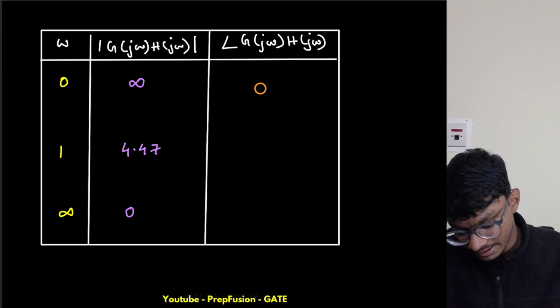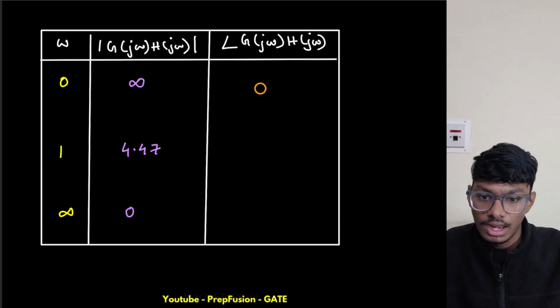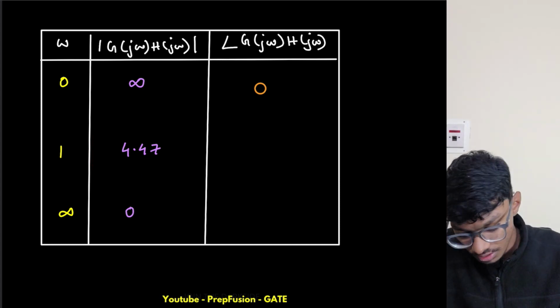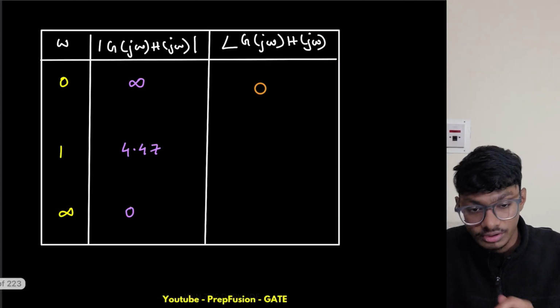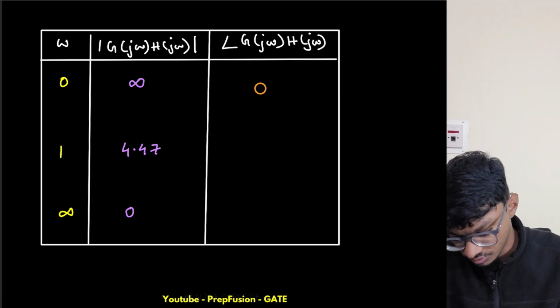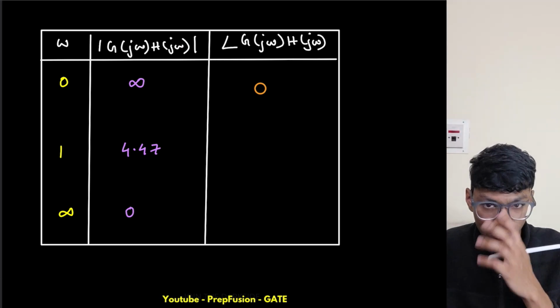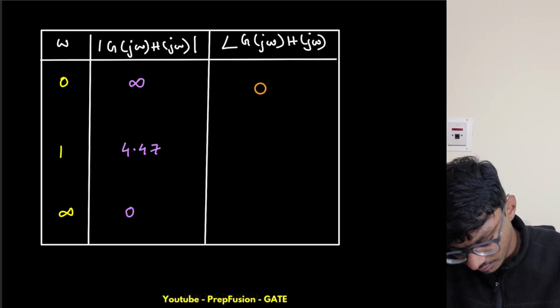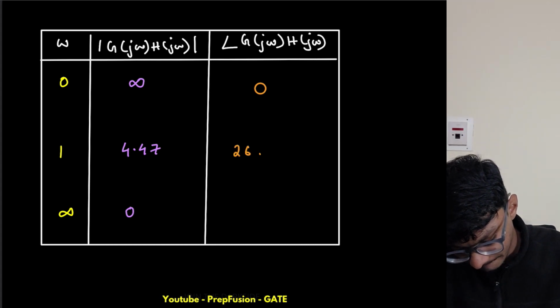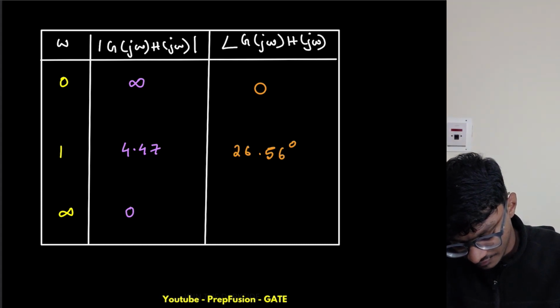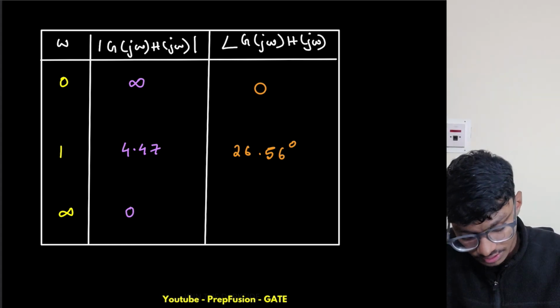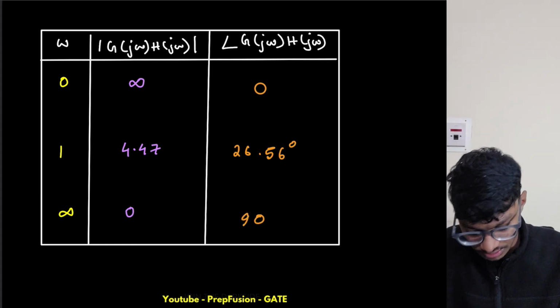Now what is the angle at omega equals 1? It is tan inverse 1 by 2. I told you to remember, it is 26.56 degrees, and at infinity obviously it is 90, because tan inverse infinity is 90 only.